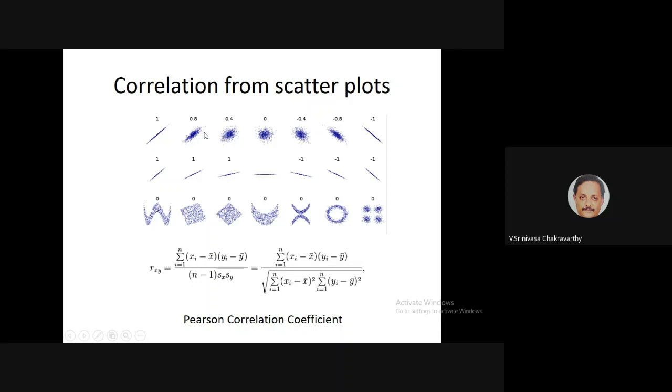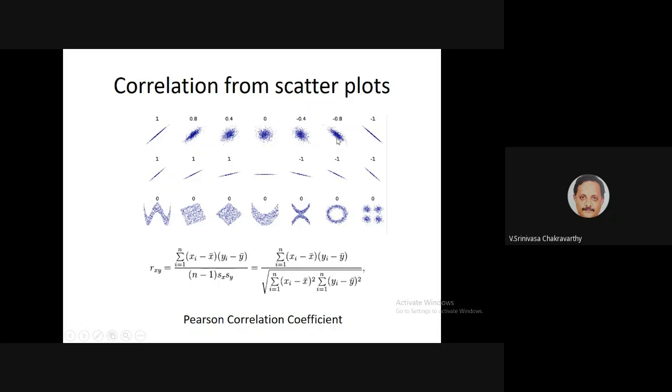Similarly, if you go to the middle column of the first row, the scatter plot doesn't show any correlation between the two variables, and therefore the correlation you get is 0, which is intuitive. So this is the case where the Pearson correlation coefficient gives the best result. It's very intuitive and satisfying. But the problem with it is that it's not sensitive to the slope.